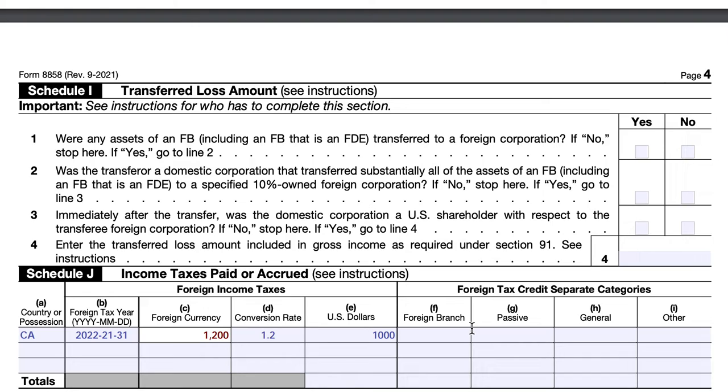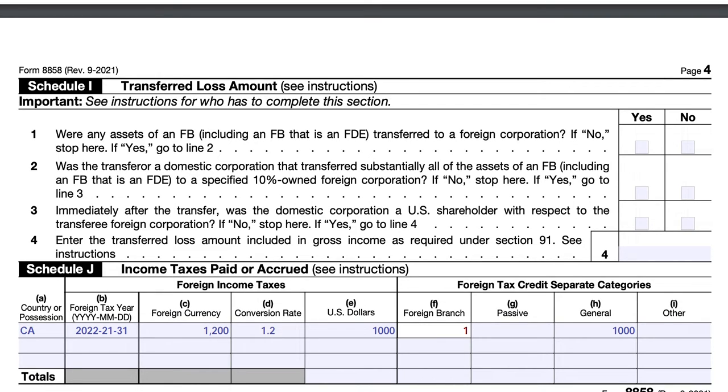There's certain income that was resourced by treaty, and then there are lump sum distributions. So for the purpose of this illustration, we're going to say that everything was in the general category. Okay, so if there is foreign branch income, you would enter it here, and then that would be reduced by this amount. So make sure all the columns to the right total the currency that you're reporting on the left in US dollars.